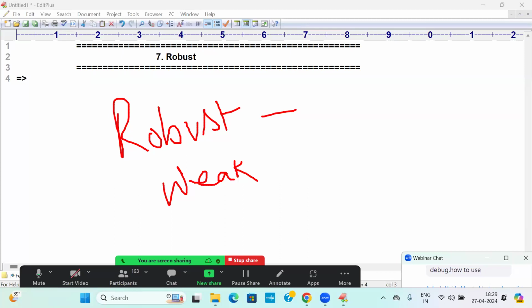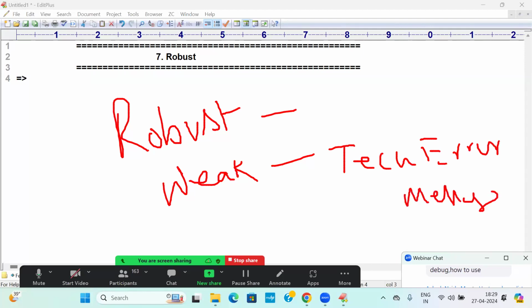Robust. If an end user commits a mistake and the software does not tell the error message, but gives some message which is not user friendly, some technical error message which is not understandable by the end user, those things are called what? Weak applications we can call.